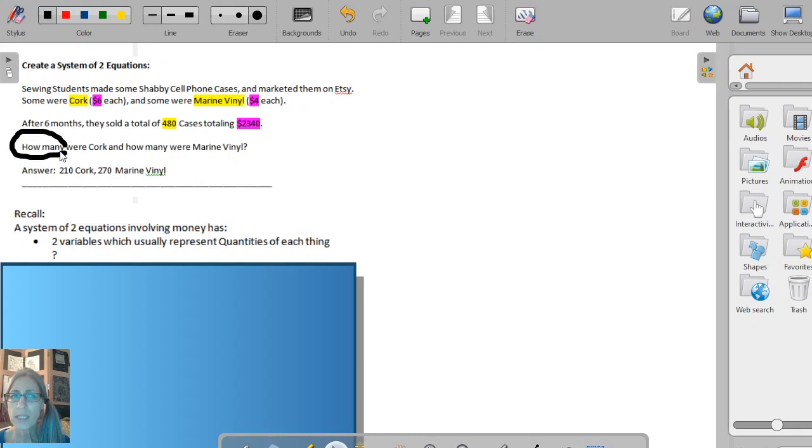Well, they want a quantity here. How many were cork and how many were marine vinyl? So I would probably say that the variables are cork, or C. And our other variable would be our marine vinyl. We'll just call it M.